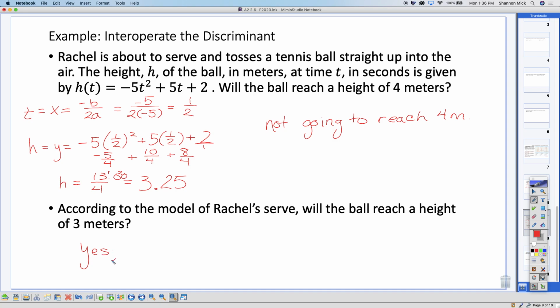Yes, 3.25, the ball will reach a height of 3 meters. And my explanation is here. This is my answer, but if I show my work, that's my explanation. I don't have to spell it all out.